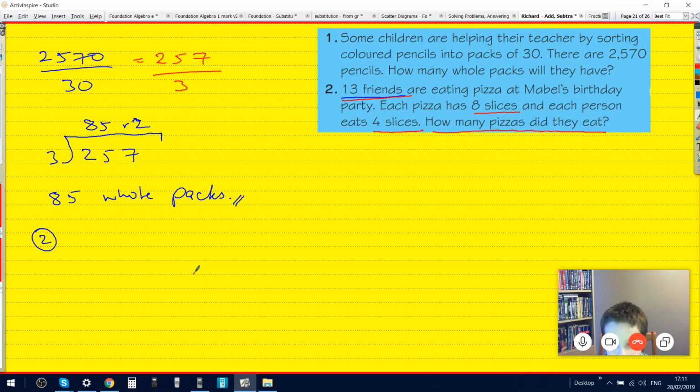Well, it tells us that each pizza has 8 slices and each person eats 4 slices. So we would need to do 8 plus 4. I don't think so. Wait, no, not that.